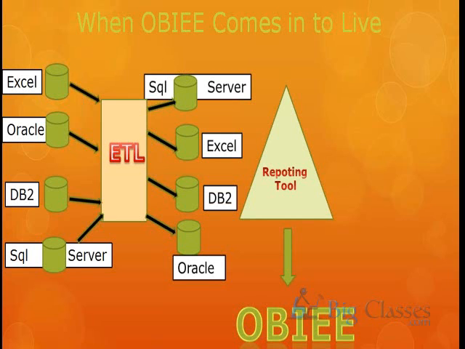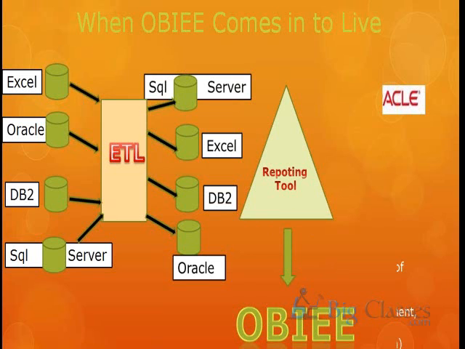The HR department in a database will have an HR user and HR data. The Finance department will have a finance user and password, and finance data, in one single database. So by using this reporting tool, we can connect to any of the databases for any of the departments and showcase the results in different forms and charts with the Oracle Business Intelligence Enterprise Edition tool.